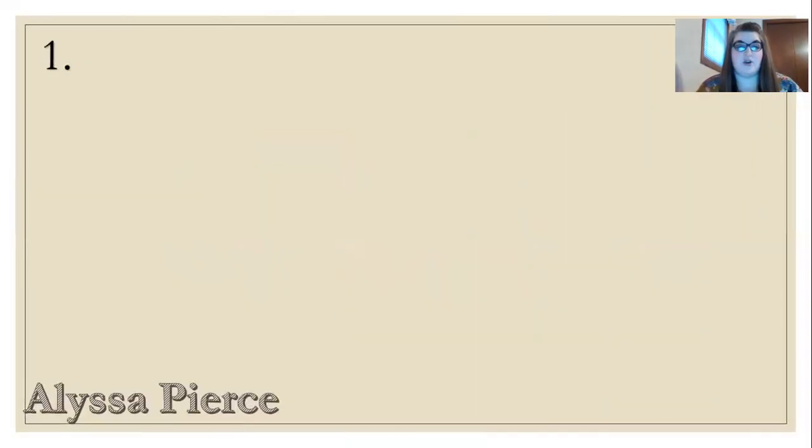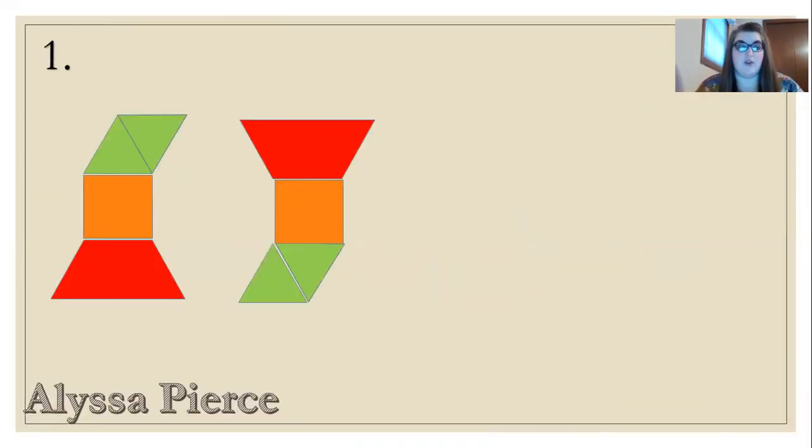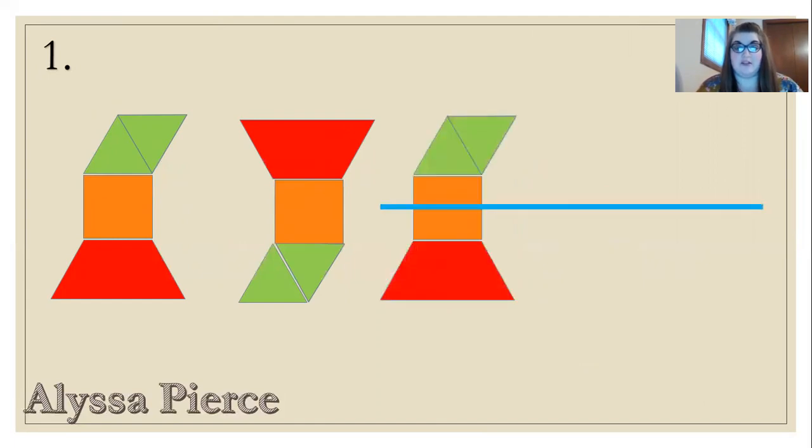Let's start with the clear figure. What we're going to do is fix what they did. We are asked to reflect it over the horizontal line that I have drawn here through that square. So what would that shape look like at that point? It would look like this.